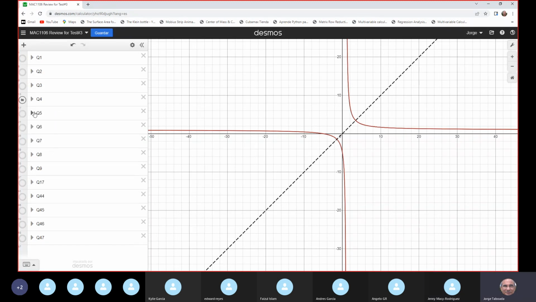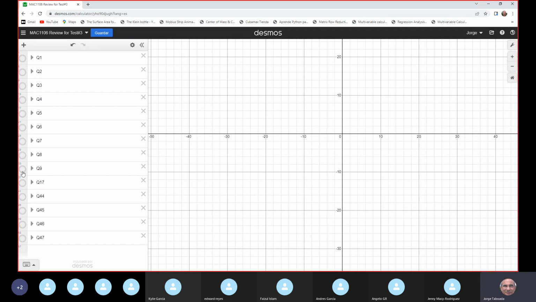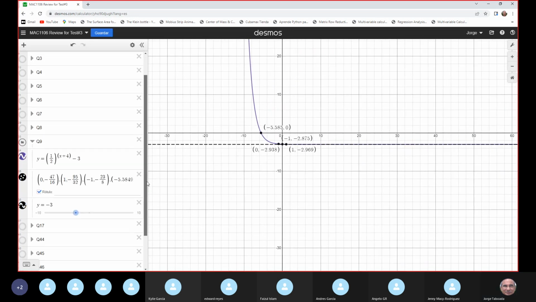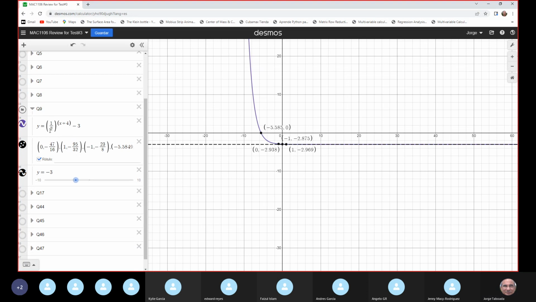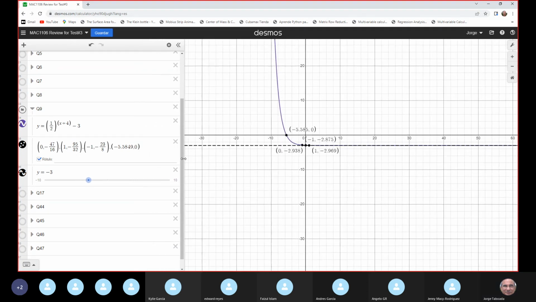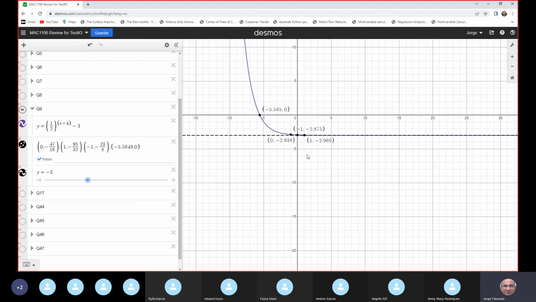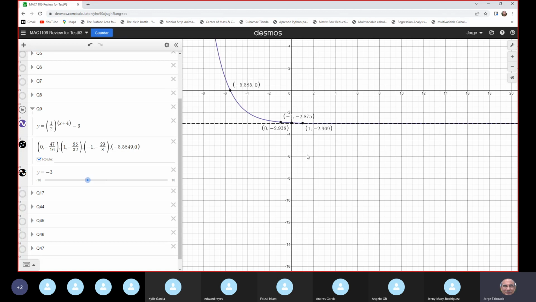Yes. This is question number 9. Look at that, I put the question like that: 1/2. I determined several points. I determined the y-intercept, the point (0, -47/16).